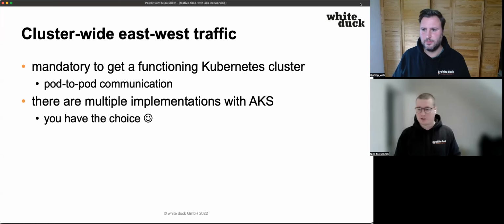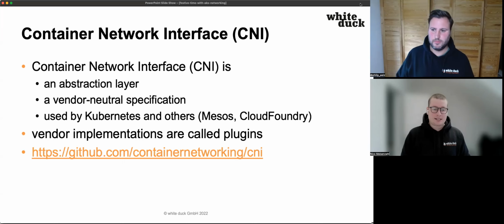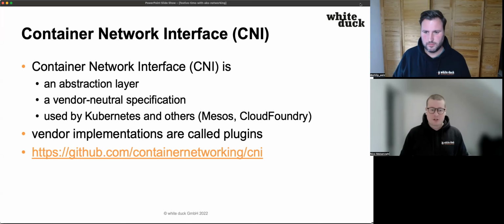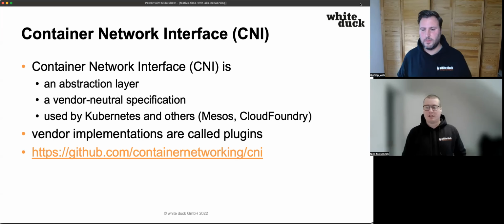So basically, you have the choice. There are many options with different pros and cons. Before we start with the first option, let's briefly talk about the underlying interface Kubernetes uses here, and it's called Container Network Interface, short CNI.